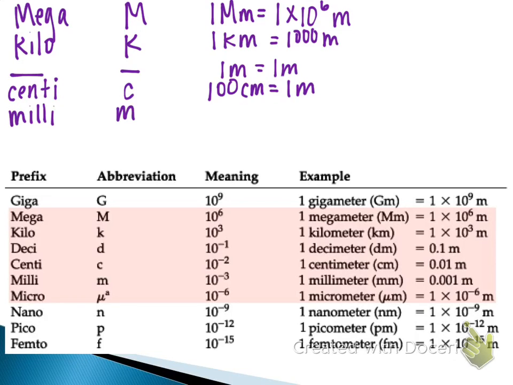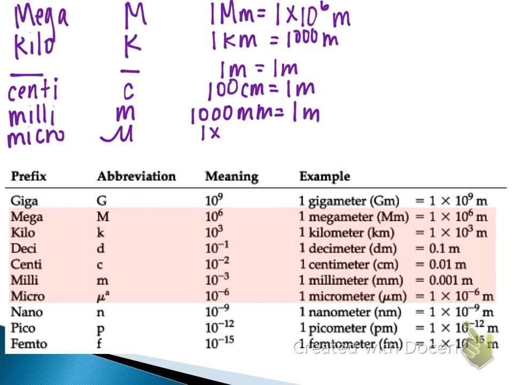and it's a little m. So I'd say 1,000 millimeters is in 1 meter. And then I'm going to go micro. The prefix for micro is a Greek letter, I think lambda, and it's just a U with like a little tail on the front.